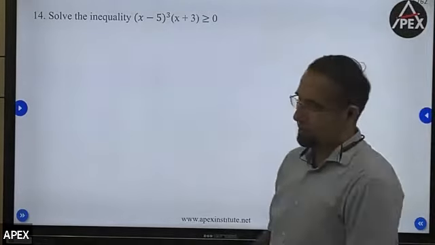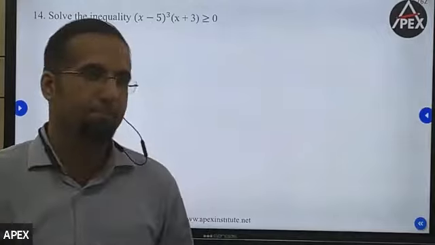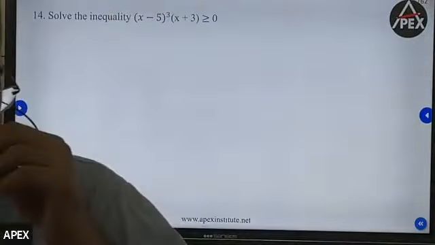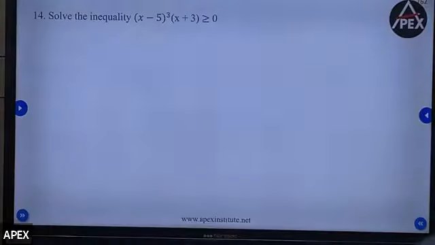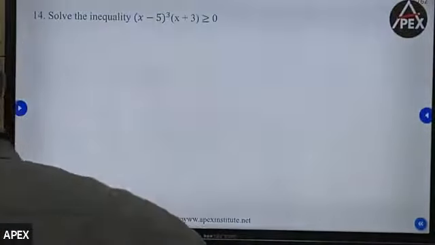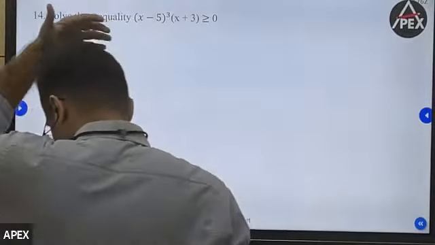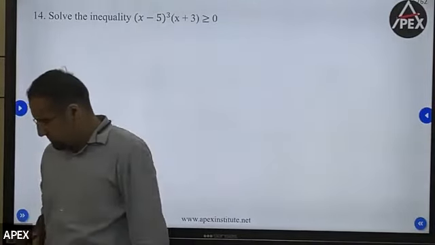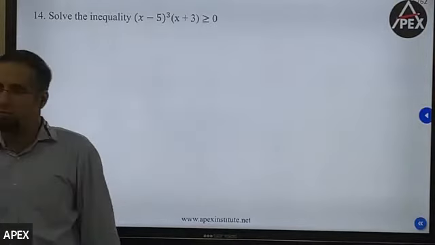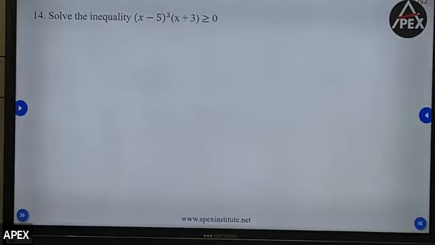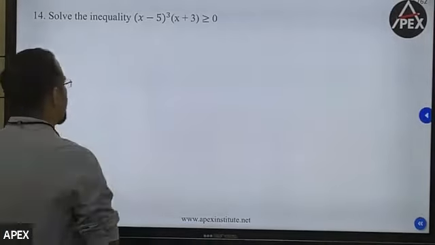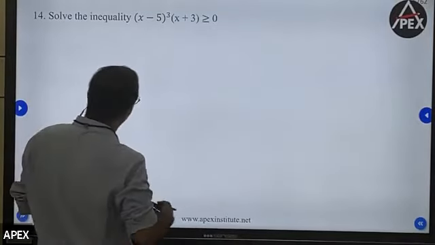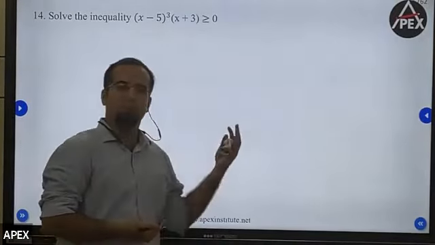Let's move to cubic. Minus infinity to... okay. Now, if you have picked up things from the previous questions, there's one simple way to do this.